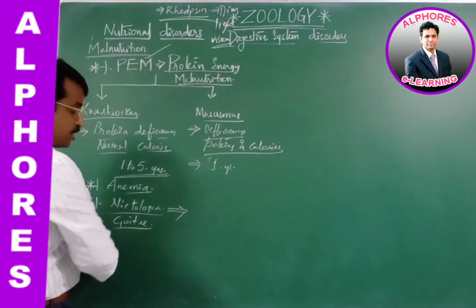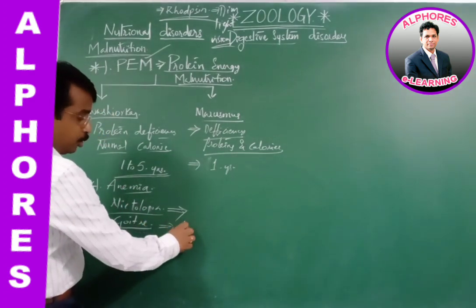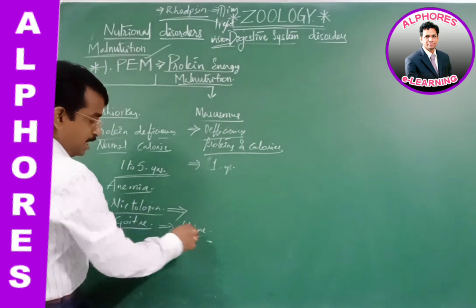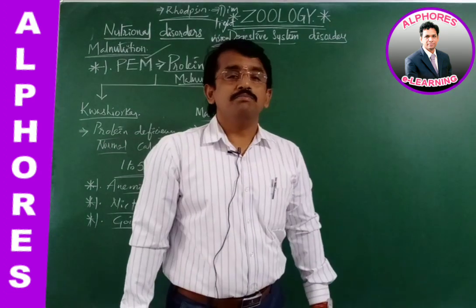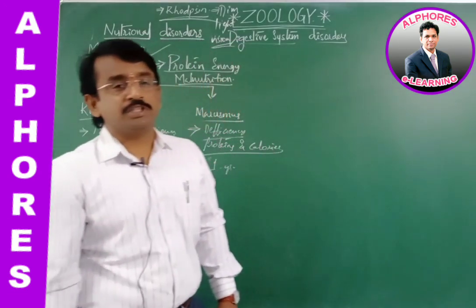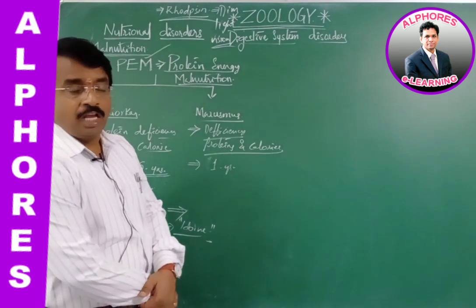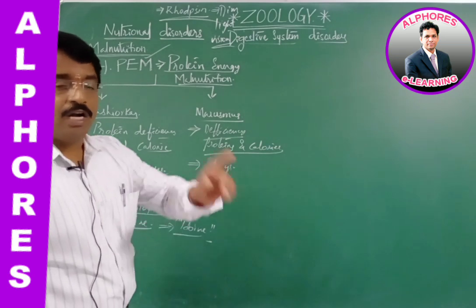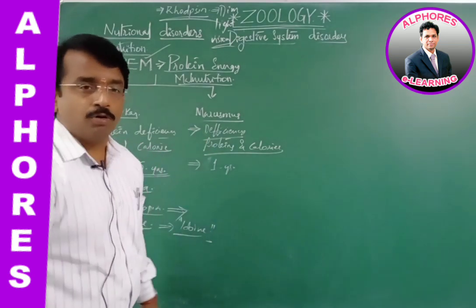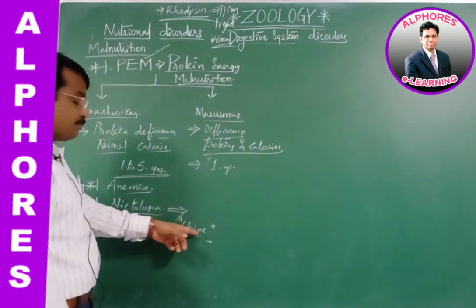Next, goiter. Goiter is the deficiency of iodine. Iodine is an important mineral in our body, responsible for basal metabolic activities. Thyroxine has triiodo and tetraiodo molecules of iodine.